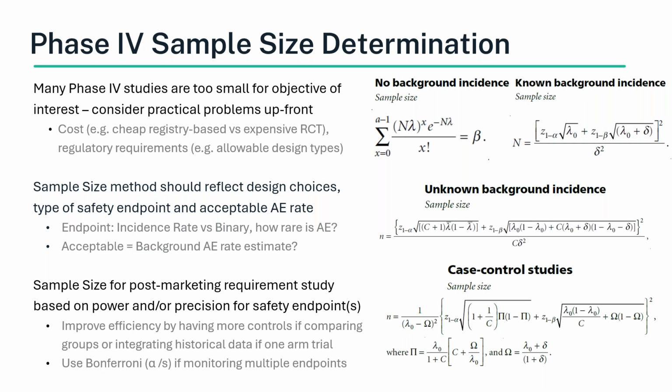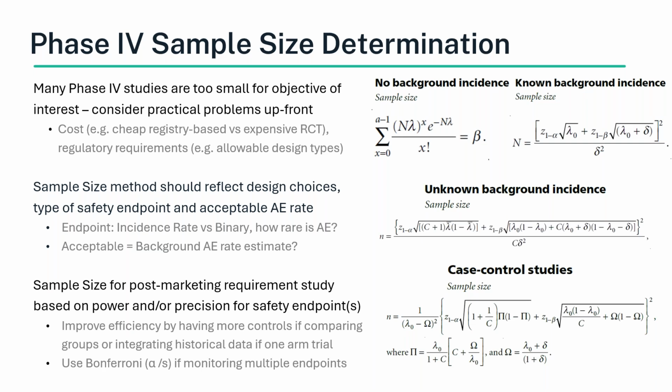Obviously, if we're talking about a phase 4 study that's been asked of you or required of you by a regulator, you do need to keep in mind the allowable design types, and you'll probably have a negotiation about what the appropriate design would be. So keep in mind those practical considerations, not just your more high-minded statistical considerations.